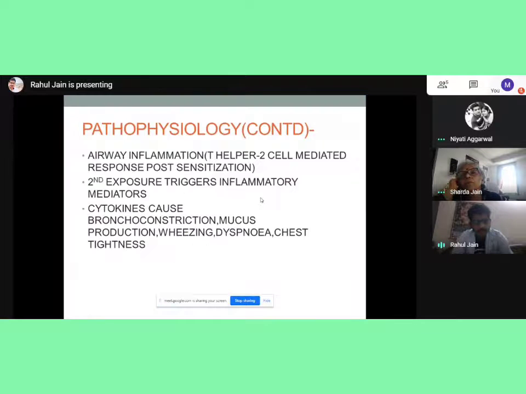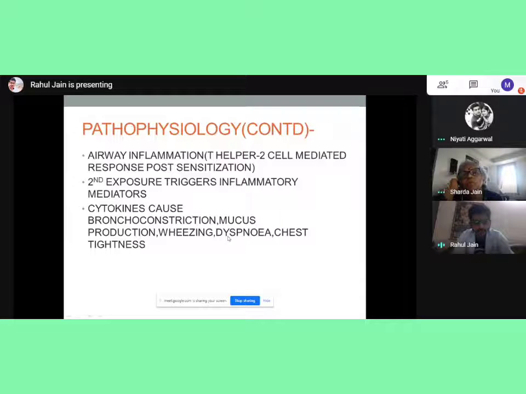Okay. So all these cytokines will cause what? First symptom is bronchoconstriction. So this cytokine storm, or all these inflammatory mediators, will cause bronchoconstriction. Since the bronchi will constrict, the patient will present with dyspnea or breathlessness because he won't be able to breathe comfortably. So I'll just mention here what dyspnea actually is.